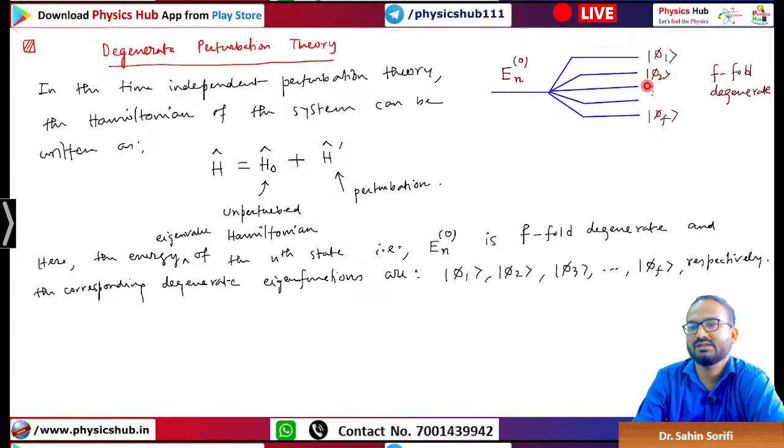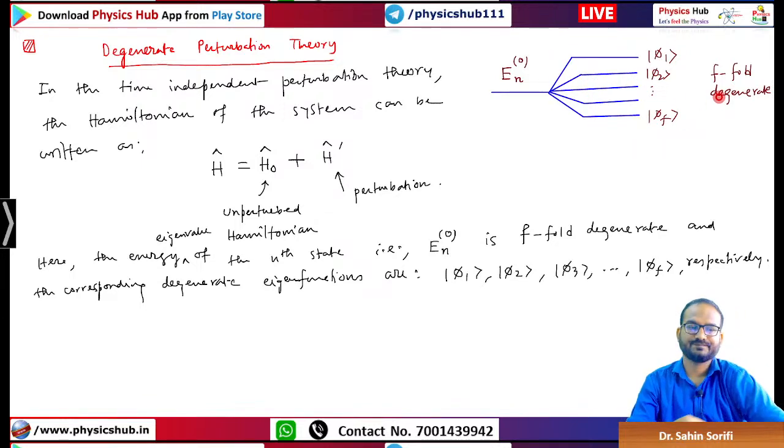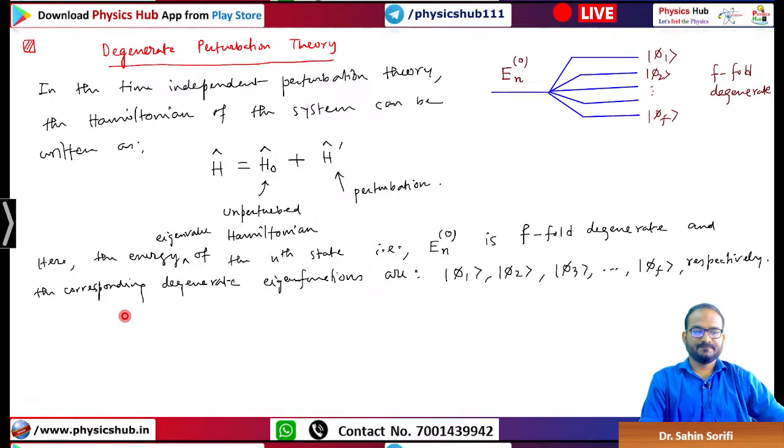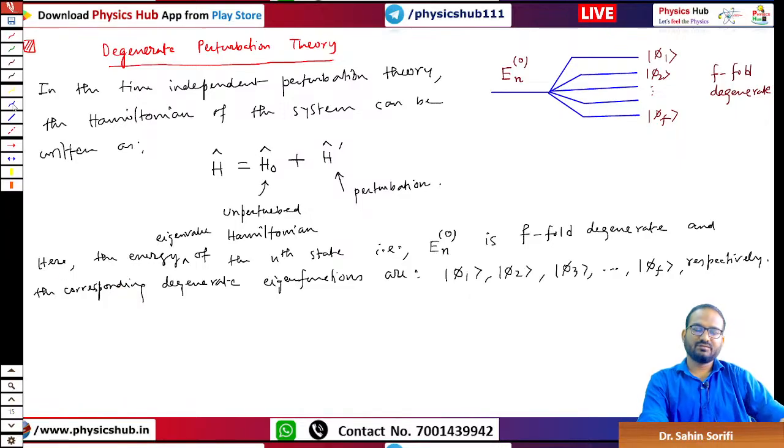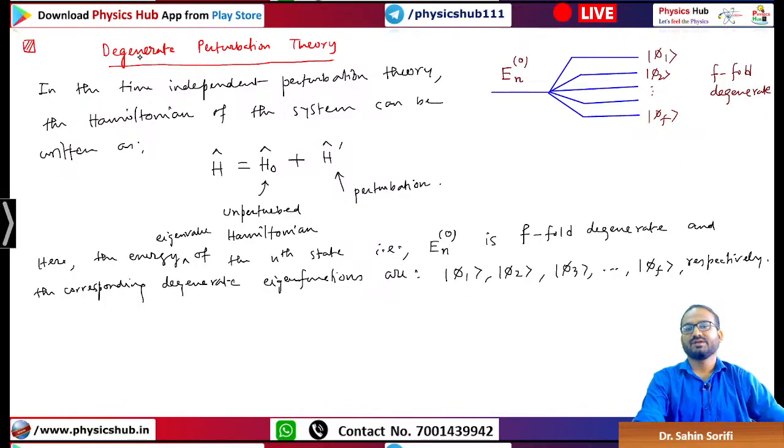It is not that their energies are different; they have the same energy. Now we have to find the correction in energy. When we calculate the correction, the energy values will be different for different states, so they will be split. That is the concept of splitting.